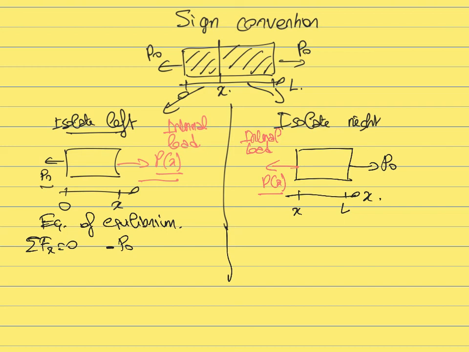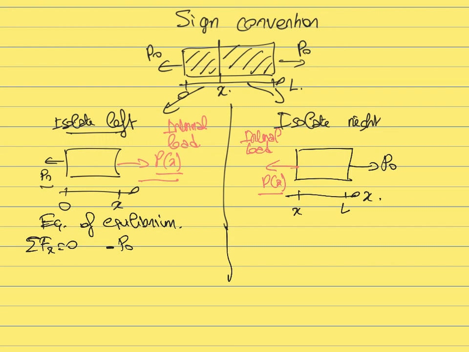An internal load that is negative means that the beam is under compression. So this is about the sign of the internal load. Now, when we're talking about the projection, the sign of the projection is positive if the internal load is pointing towards the right. The projection of the internal load is negative if the force is pointing towards the left. So the sign of the internal load has nothing to do with the sign of the projection.